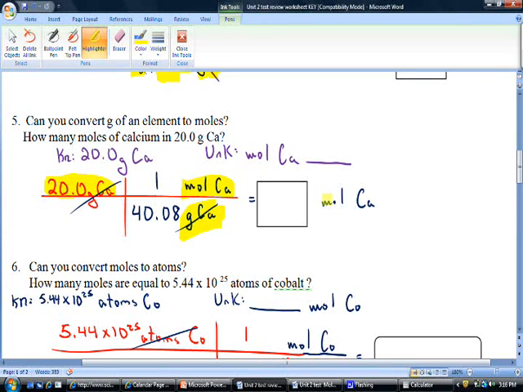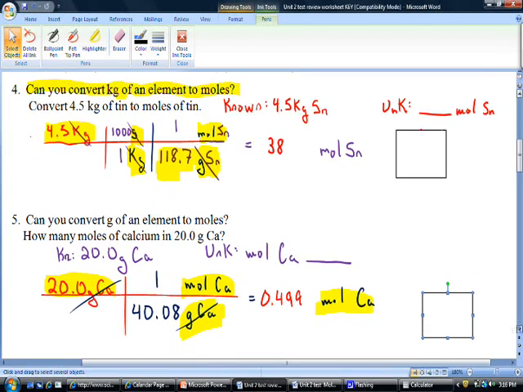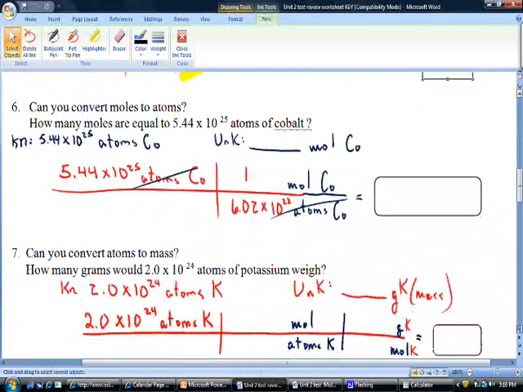So those cancel out, and yes, the final unit is in moles of calcium, 20 divided by 40.08, and that's going to give you 0.499 to 3 sig figs. Good job.